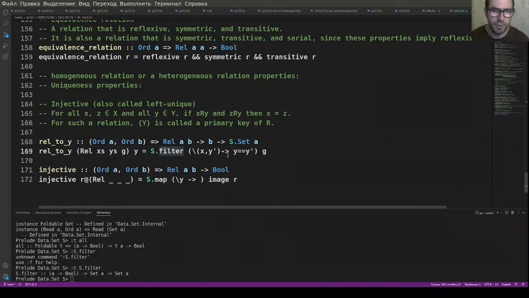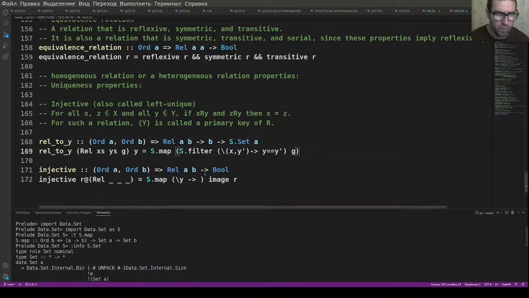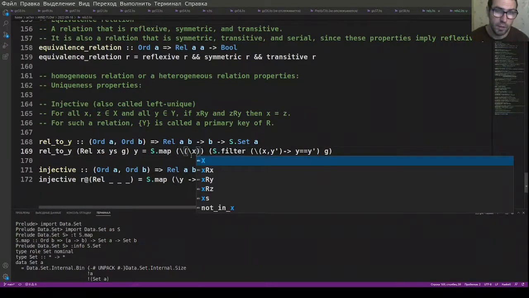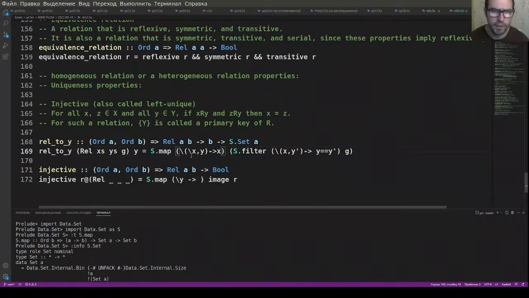After we do this filtering, we can map. And how do we do the mapping? We just provide some lambda function which takes x and y and produces x.